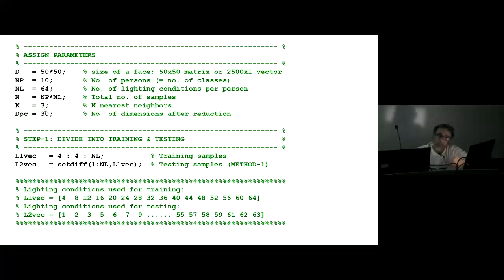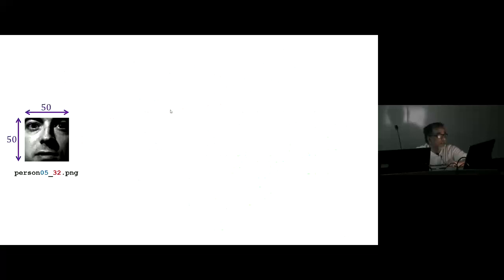K equals 3 for k nearest neighbor. DPC is the number of dimensions we must reduce the sample points to, from 2,500 dimensions to only 30 dimensions. And L1 and L2 are vectors; I've written it here, the L1 vector equals 4, 8, 12, 16.